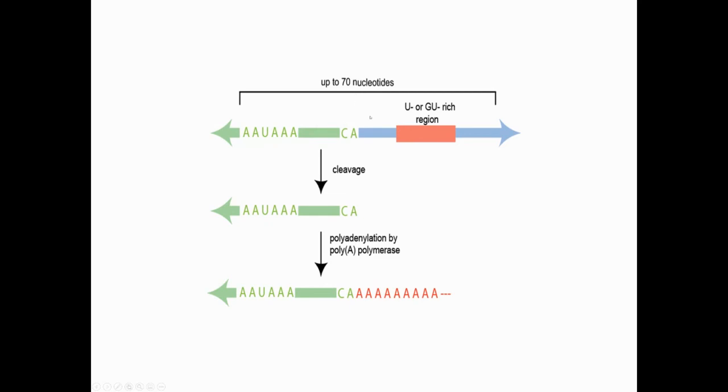They find this dinucleotide CA, then they will cleave this RNA. So they remove this part, and then you have the polyadenylation by poly A polymerase. So you add poly A. Normally approximately 20 adenosines are added. That's the poly A tail.